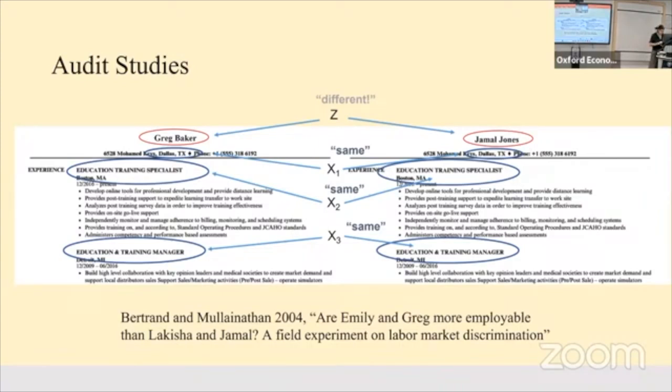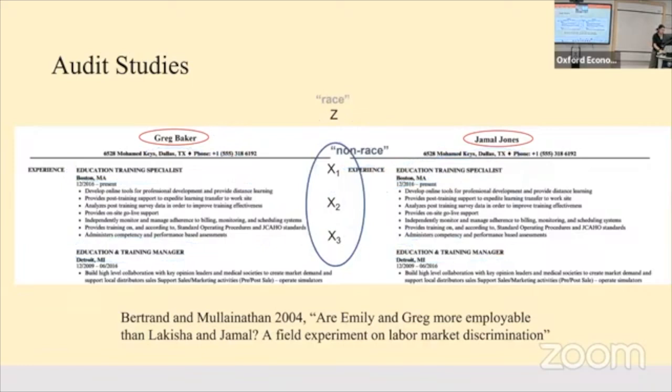So Greg and Jamal here are identical on a particular way of conceptualizing how we can carve up variables to represent resume contents. But as we've seen, this is only one way of carving up variables, of slicing up the world. We could have sliced them up in many different ways that would not license a distinction between the race variable and the non-race variable, right?